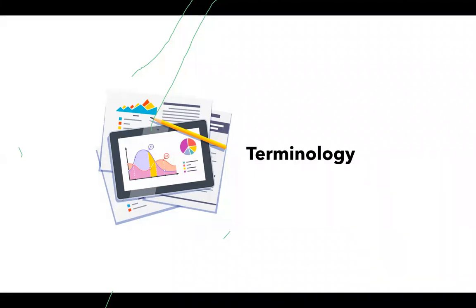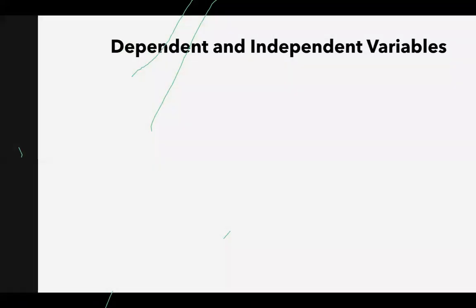So let's first review the underlying concepts and terminologies we have to understand to study these kinds of relationships in our data, right? We need to understand first what a dependent and an independent variable are. So variables are terms we use to define our data in an experiment, right?